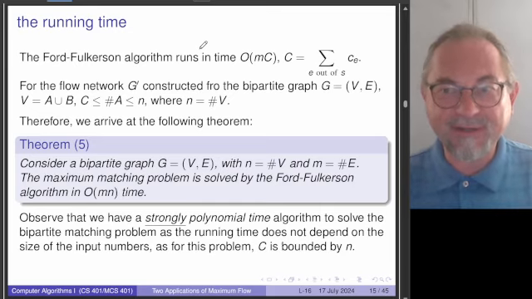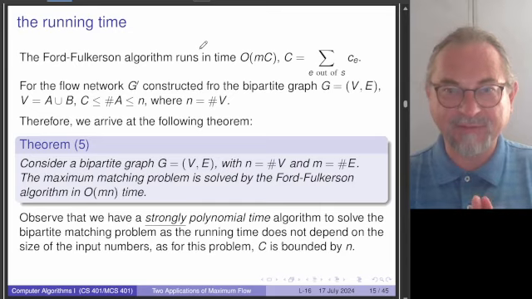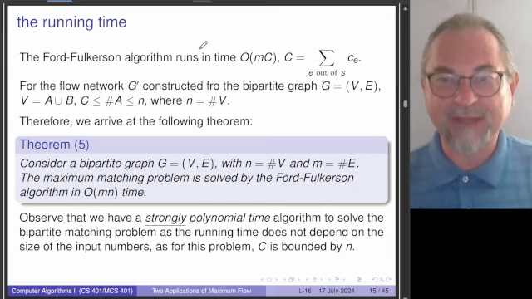Now here, because the capacities are all 1, and in our assignment, if we are computing the matching, we can have at most n edges that we select.